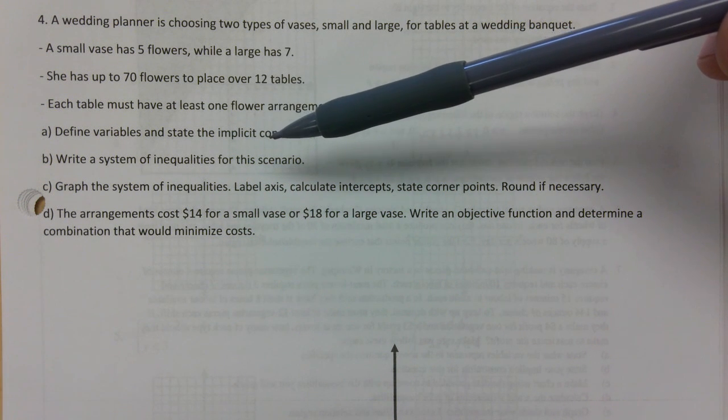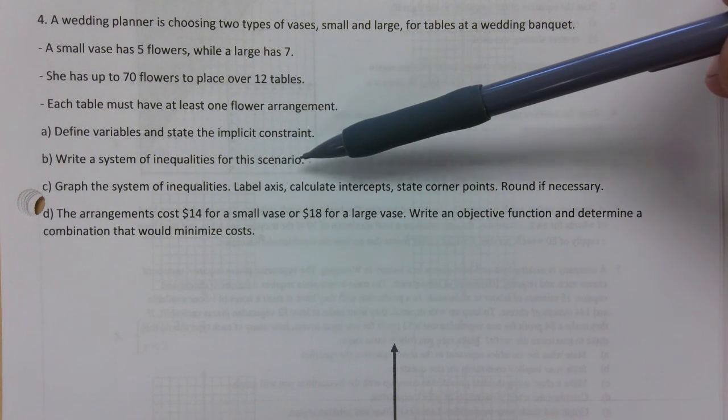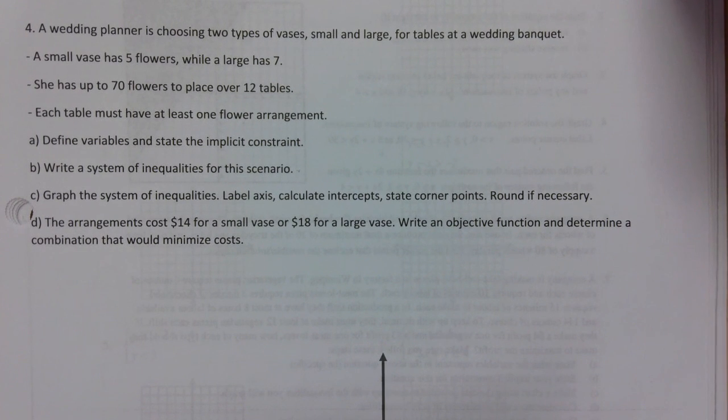And then I wouldn't mind you submitting. We'll enter it in the chat, what your system of inequalities would look like. Okay. So don't finish this question, and then I will probably dismiss you. Just maybe go through the things that you're supposed to know to prepare for the test.